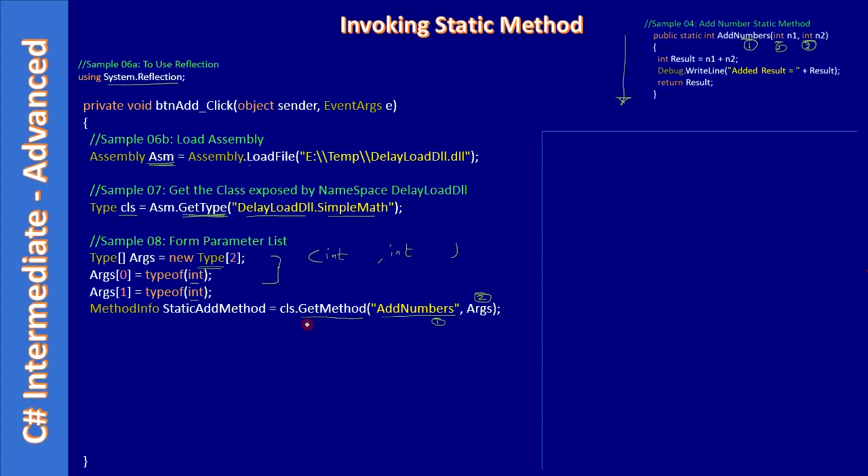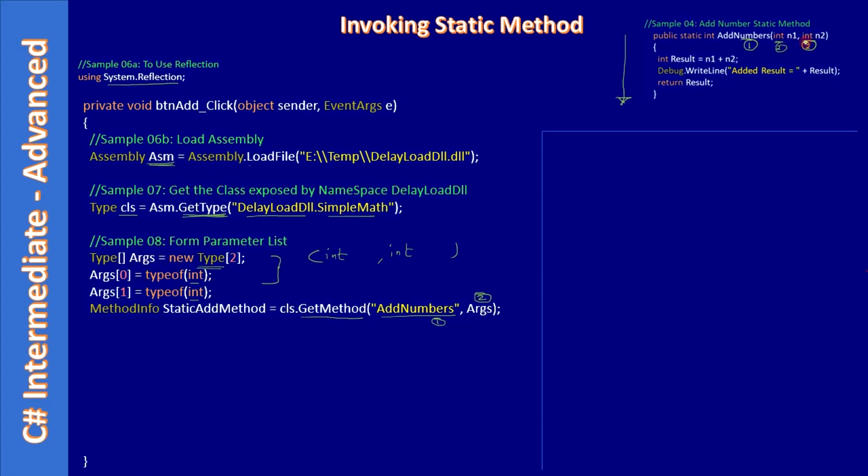So overloaded method means even though you have add numbers overloaded versions, that means add numbers that takes 2 integer parameters, add numbers that takes 3 integer parameters, add numbers that takes 2 float parameters. If you see, the method name is the same, but they differ based on the parameter type or order of the parameters. So here, the same way, you have to specify your type.